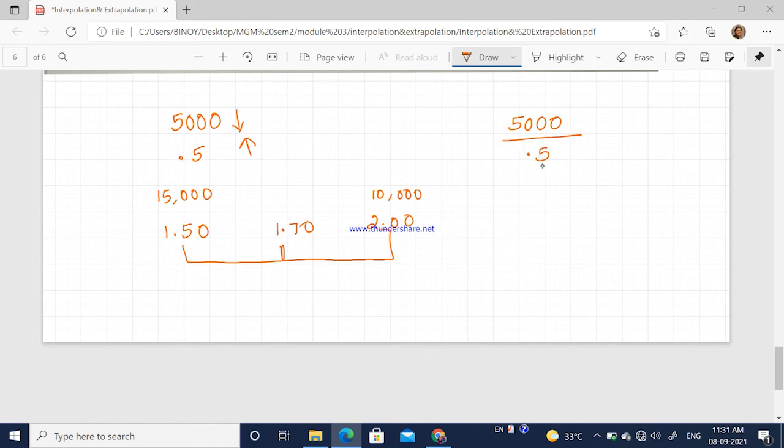So if the price increased by 0.5, the decrease in bottles is 5,000. Now if it is increased by 0.2, then what will be the value? It is 2,000 decreased. So from 15,000 you need to subtract 2,000, so that is 13,000. So if it is 1 rupee and 70 paise, the number of bottles will be 13,000.